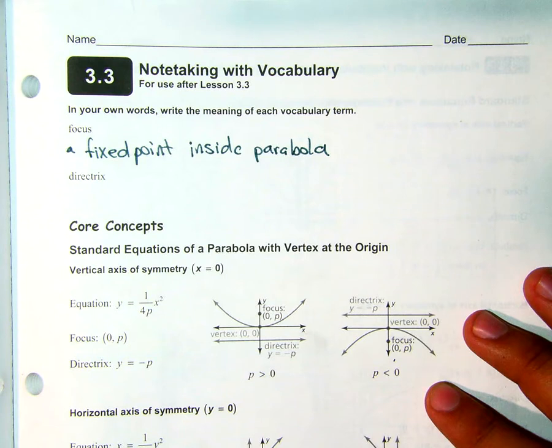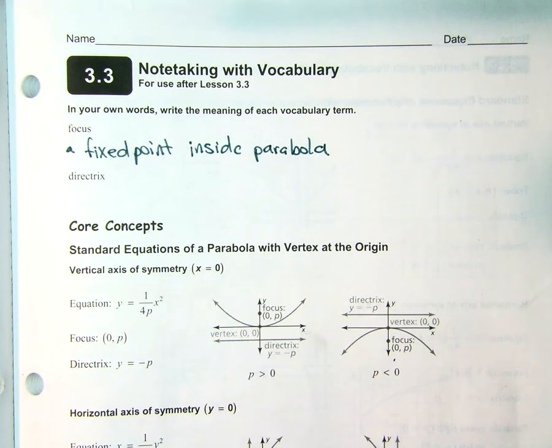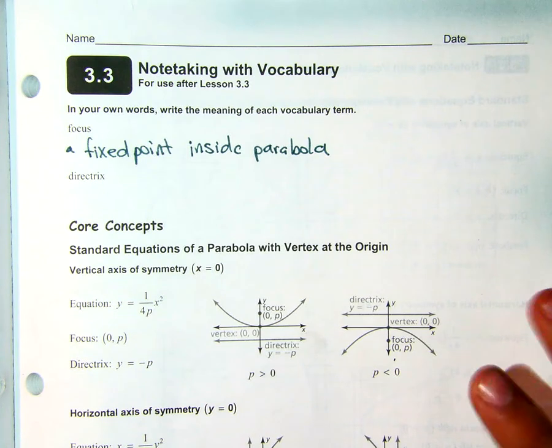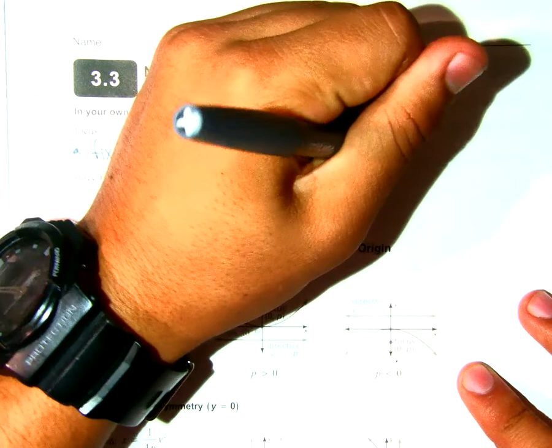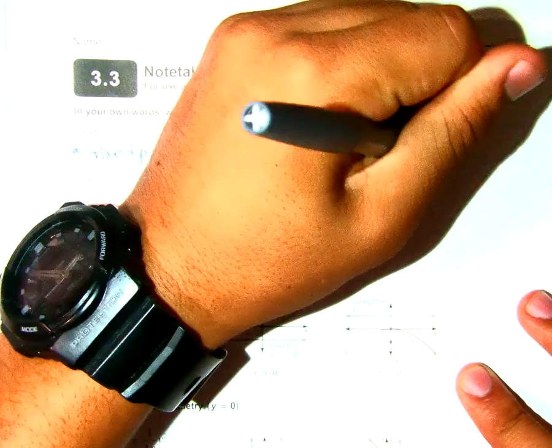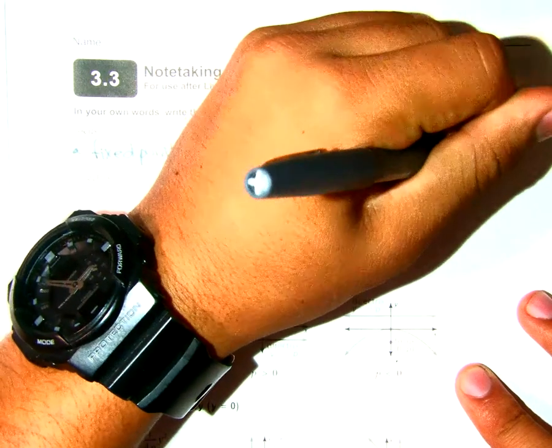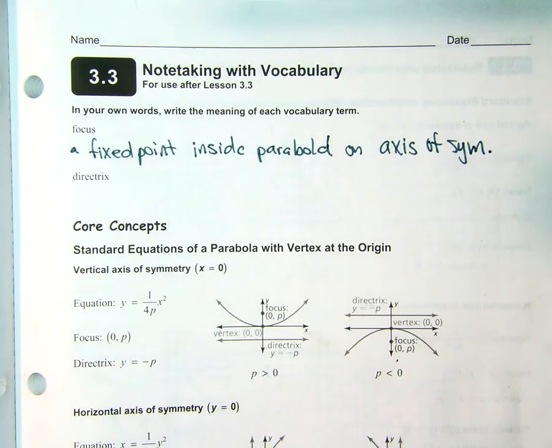Okay, fixed point inside the parabola. And then the third thing I want to make sure you guys have is that it's on the axis of symmetry. Okay, so the axis of symmetry. So it's a fixed point inside the parabola.